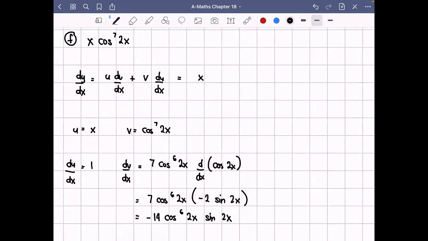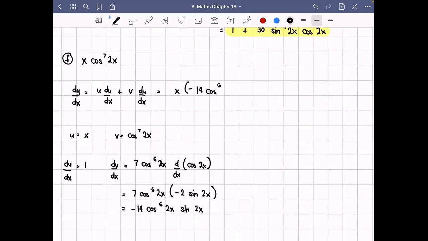So it's negative 14 cosine of 6, 2x, then sine of 2x, and then plus v, which is this one, cosine, so then 2x, and then times the derivative of u, which is 1. So 1 times 1. So we just simplify that, guys.